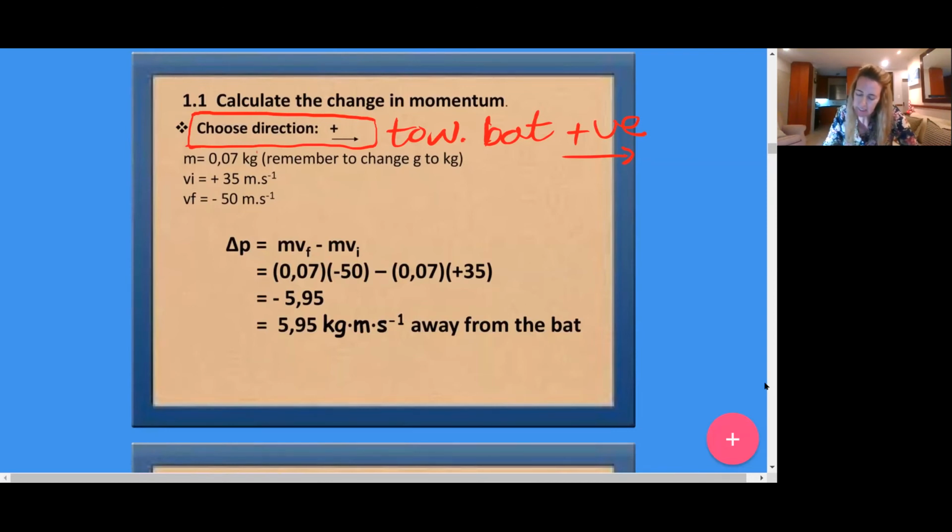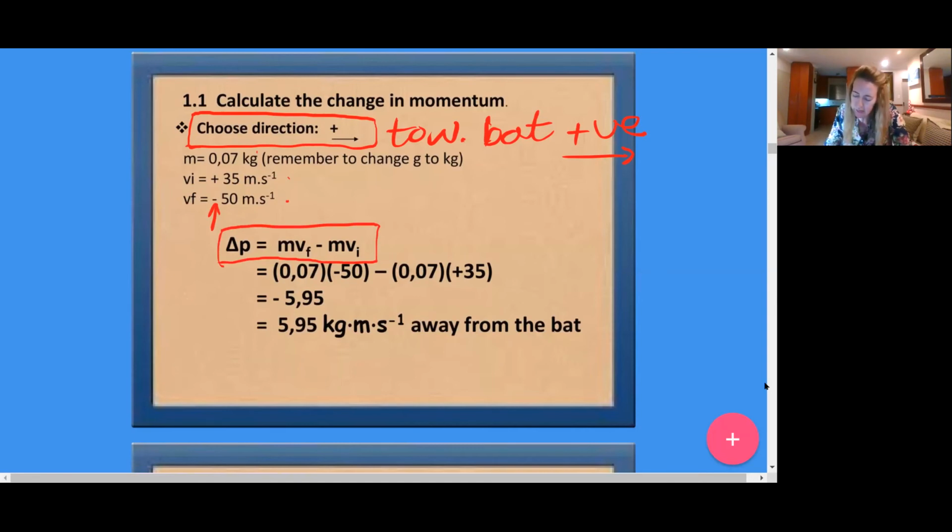The initial velocity is positive 35 meters per second, because that moves initially towards the bat, and then it rebounds, it gets hit off of the bat, it moves off of the bat in the opposite direction to the positive direction, which means we're going to show that with a negative sign to reflect the vector nature of momentum and of velocity. So to work out the change in momentum, I have this formula: mv final take away mv initial.